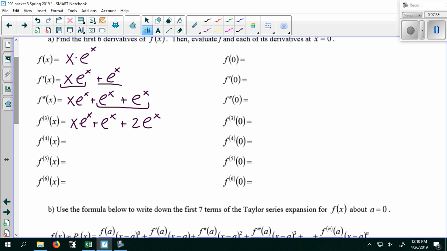And then do it again, and you get x e to the x plus e to the x. I had 3 e to the x's up here I need to take the derivative of, so I have 3 e to the x's. See, x e to the x plus e to the x. And then I have 4 e to the x's above that I need to also carry over.